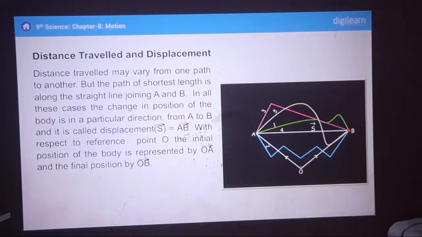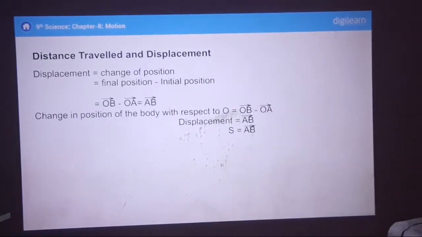With respect to reference point O, the initial position of the body is represented by vector OA and the final position by vector OB. Change in position of the body with respect to O is equal to vector OB minus vector OA.